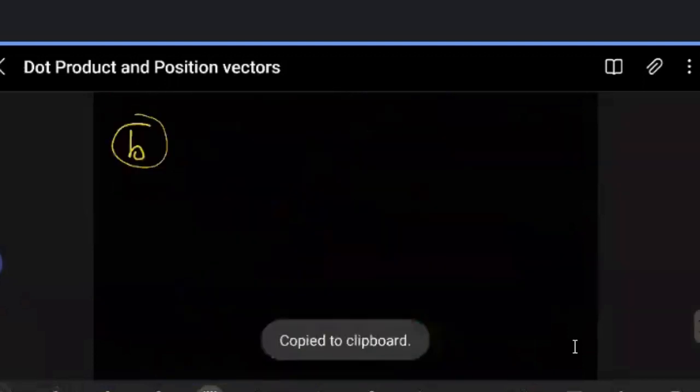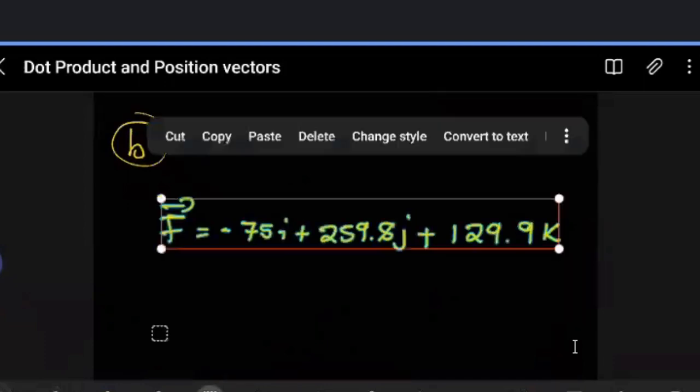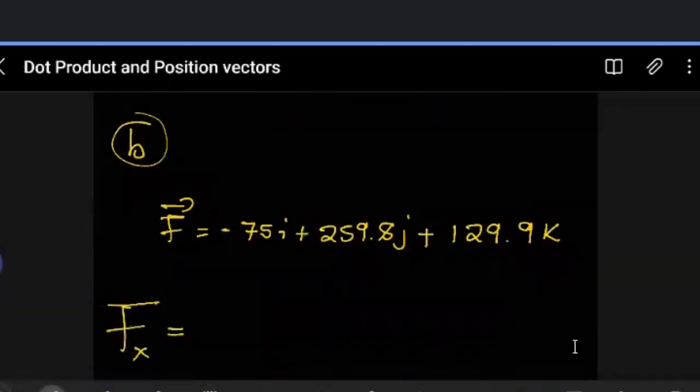To get its projection along the x-axis, all we need is a unit vector pointing in the x-axis. We know to say the force in the x-axis, first we have the force itself, F dot a unit vector pointing in the x-axis, which is just I. I is the unit vector pointing in the x-axis.